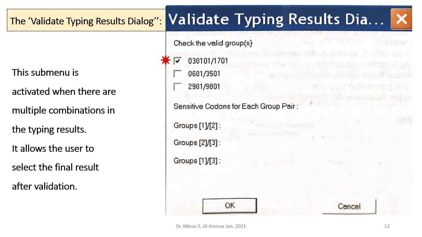In this case, the validate typing results dialog gives us the chance to choose the appropriate one after validation. We can choose, for example, the first one, 030101, 1701, mark it, and then OK.